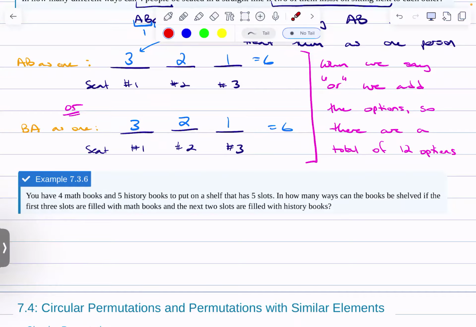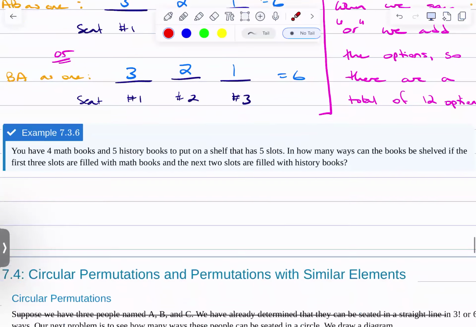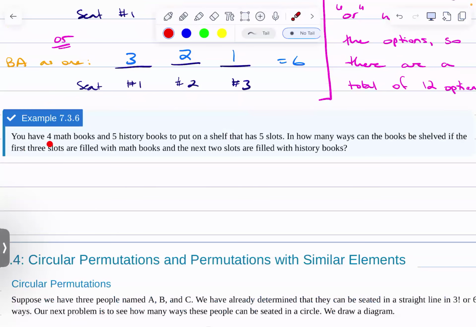What if, consider this scenario, you probably have something similar at home, but probably more than 4 math books. Well, I have more than 4 math books. You might have more than 4 other books. I don't know. I have a lot of math books. Not to brag or anything.